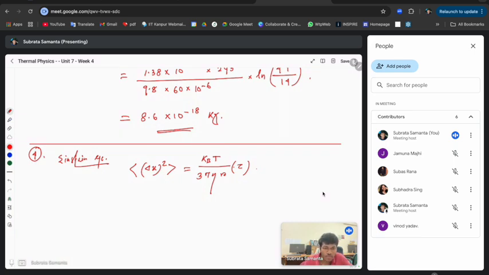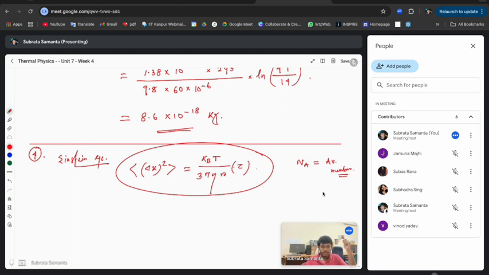Now we see that there is no Na, Avogadro number, in this equation. So how to compute the Avogadro number? Na is the Avogadro number, but in this equation there is no Avogadro number. So how to compute Na?